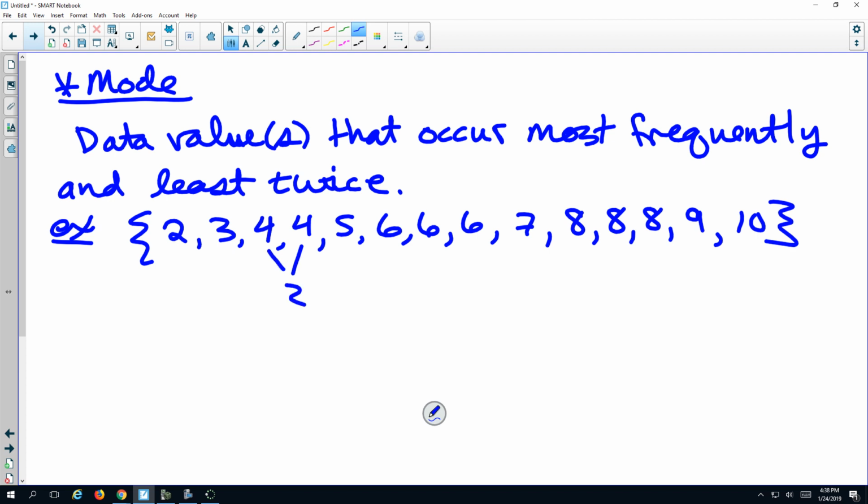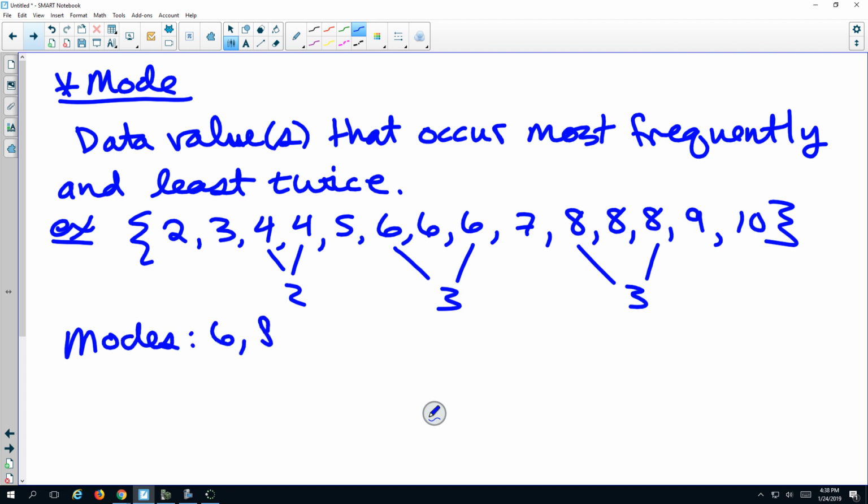I have 2 4s. I have 3 6s. I have 3 8s. So which one is the most frequent? 6 and 8. I have a tie. So both of them are the mode or modes. So say I have these modes. Okay, I have 2 of them.